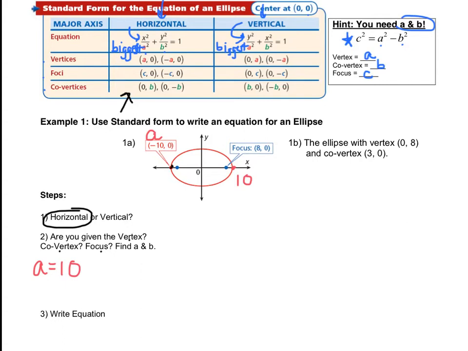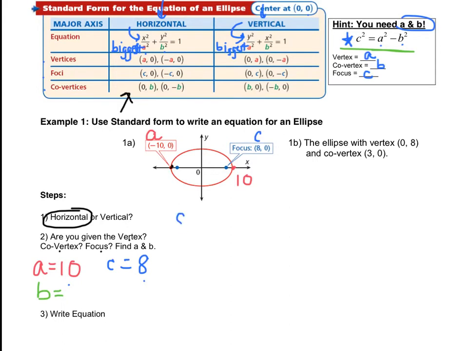Now they came out and said right here that the focus is 8. So that is our letter C. C is 8. So we know A is 10, we know C is 8, but what we need is we need to figure out what B equals. So let's plug our information into that equation.